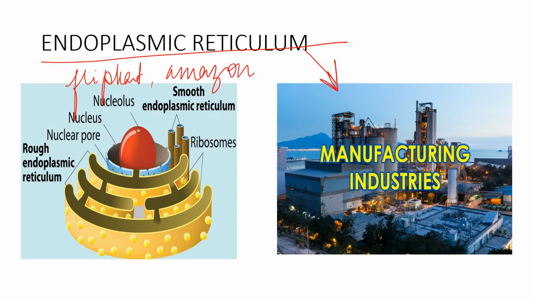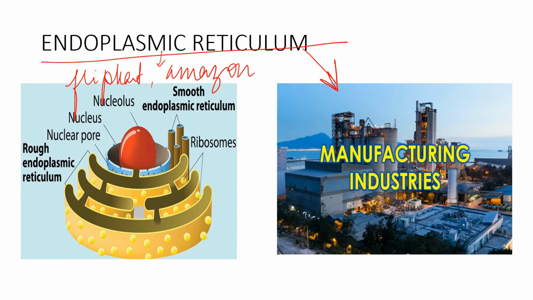They will manufacture something here, some proteins, and then transfer them to the desired location in the cell. So it is like both a postman and a manufacturing industry. They will produce something, and then like a Flipkart or Amazon delivery boy, they will transport it to the desired location.